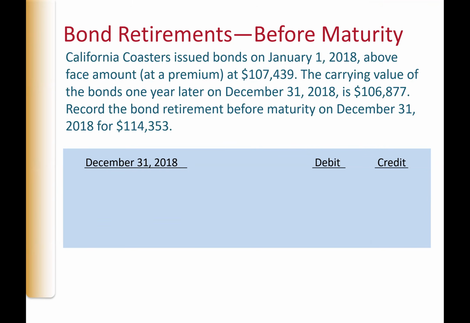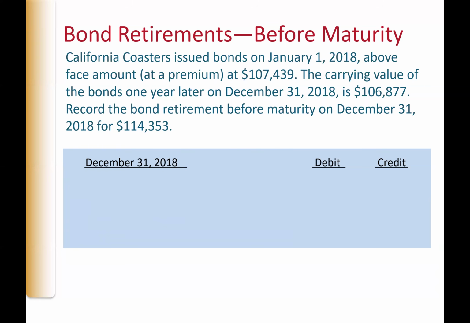In this example, California Coasters issued bonds on January 1st, 2018, above the face amount at a premium. So in this case, $107,439. The carrying value of the bonds 1 year later, on December 31st, 2018, is $106,877.